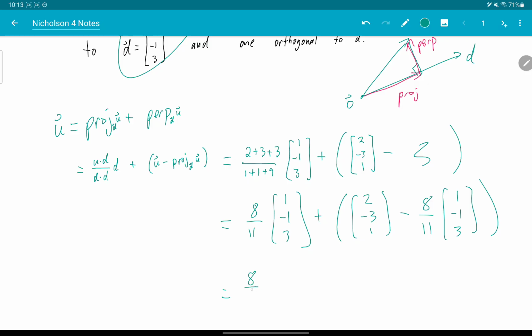So we get 8 over 11 times 1, negative 1, 3, plus.